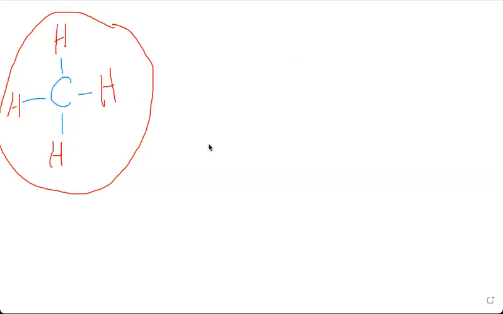But here we have only one carbon, so we just put this structure into the alkane. This is the simplest alkane, and the name is methane. You already know this from O levels, I guess. So this is methane.